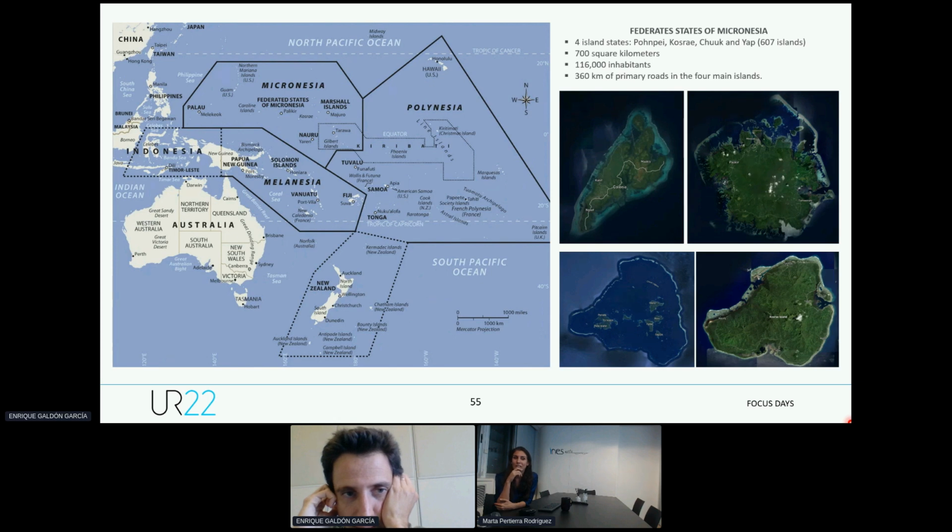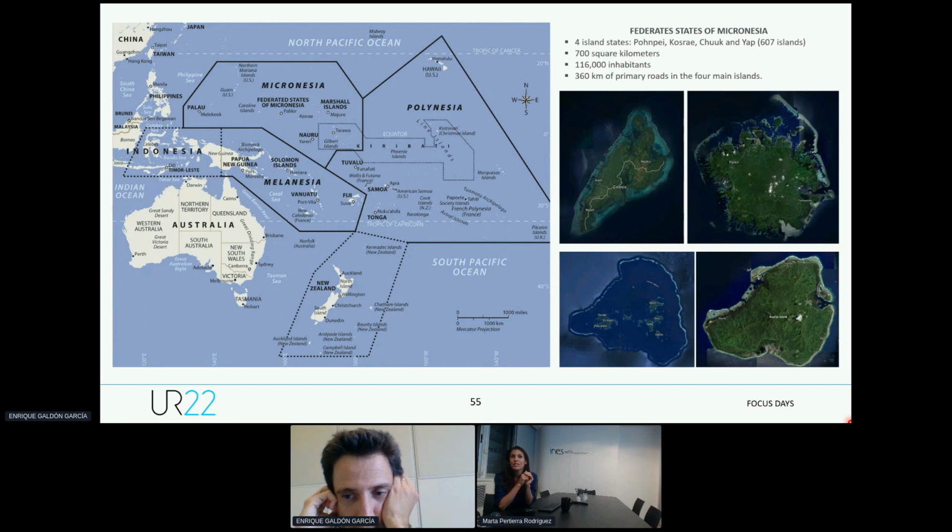It is composed of more than 600 islands, but it has four main islands, one for each island state. In total, it consists of 700 square kilometers, and the primary road network is 360 kilometers long.